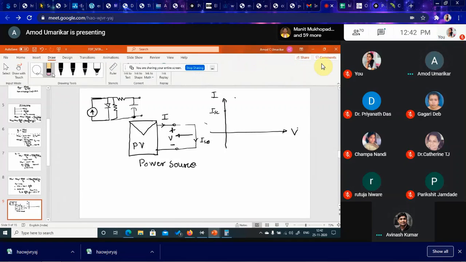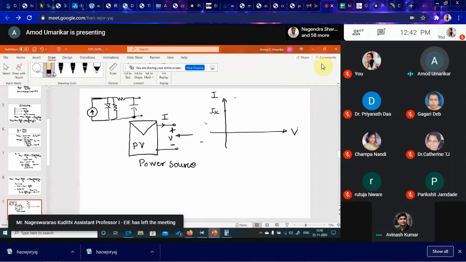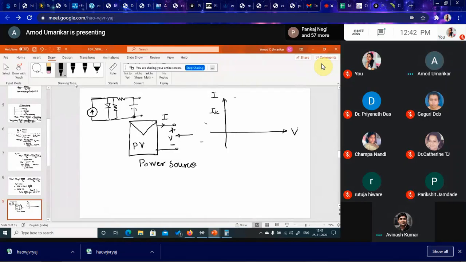Then, when we leave this open circuit, is the voltage infinite? No, it's limited. So then it is not a current source, correct? You cannot leave a current source open at any time. That's why we say it is neither a current source nor a voltage source. We get some finite open circuit voltage.